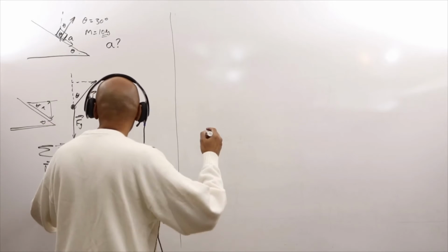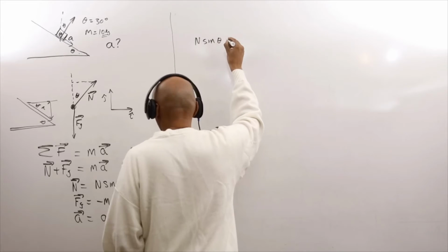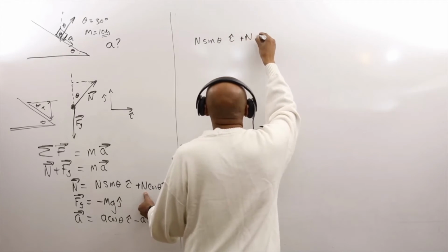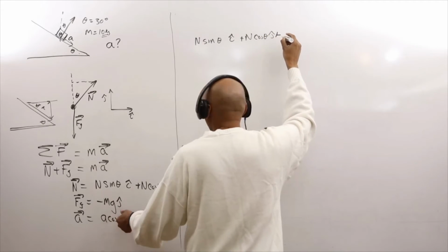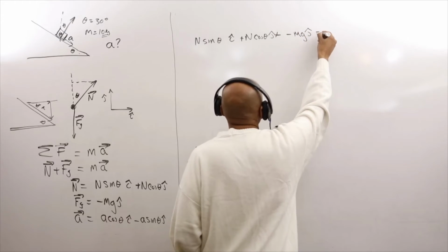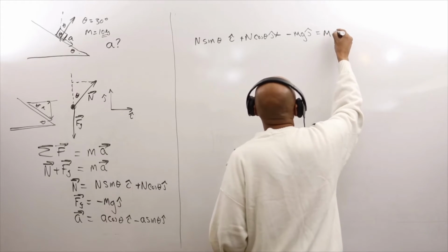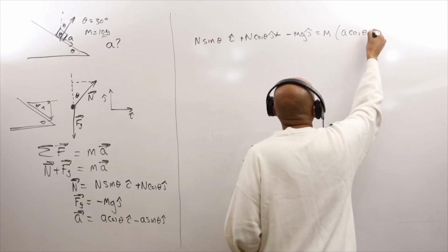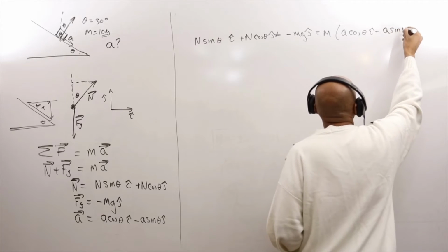So N plus Fg is equal to ma, so that would be N sine of theta i, I'm just copying it, plus N cosine of theta j, plus force of gravity, which in this case happens to be minus mg j, is equal to mass times acceleration, m times a cosine theta i minus a sine theta j.